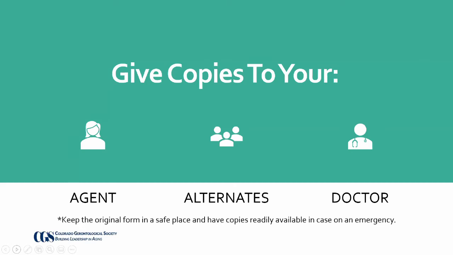Make sure you keep the original form yourself. Make sure that you have it in a place in your home where it's easily accessible if the original is needed. One of the things that I recommend is for you to have a copy on your refrigerator, on the back of your front door, or next to your bed.